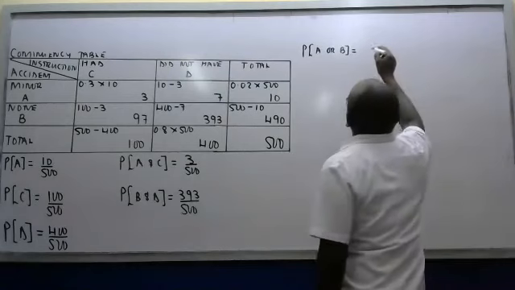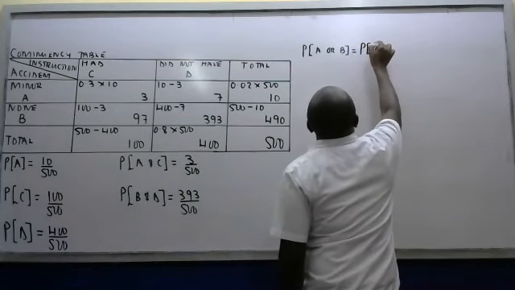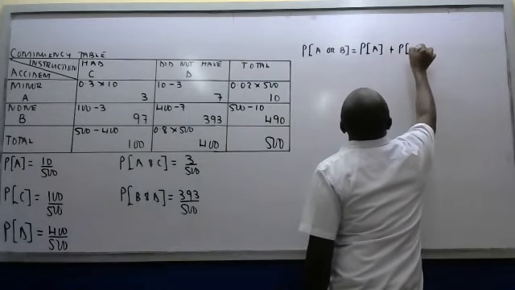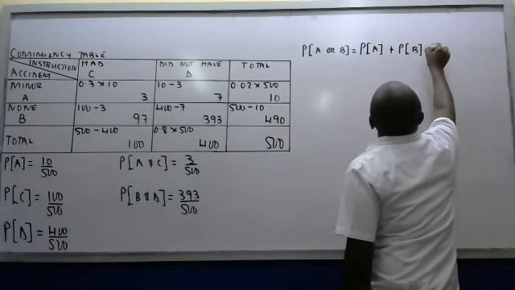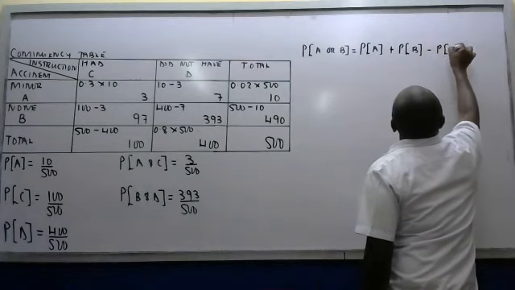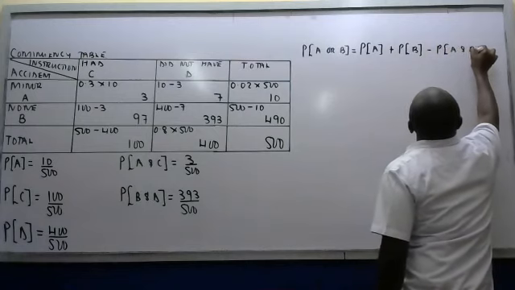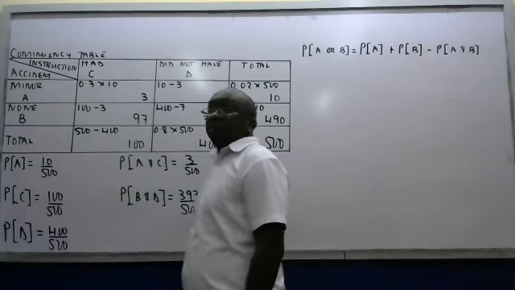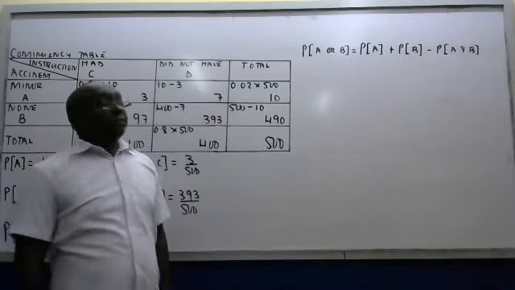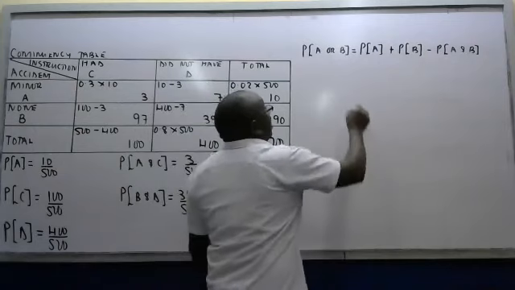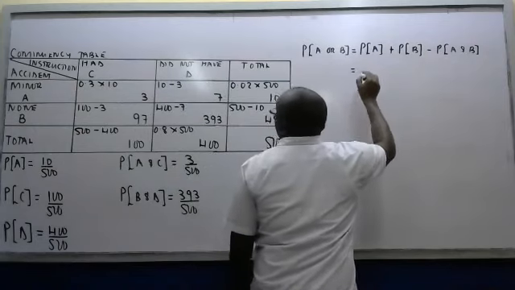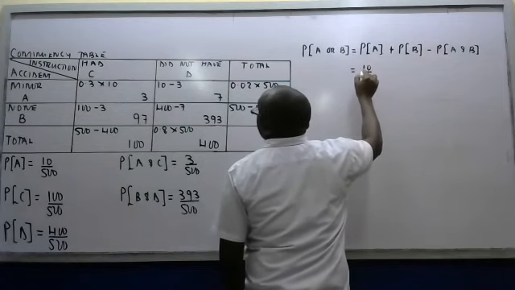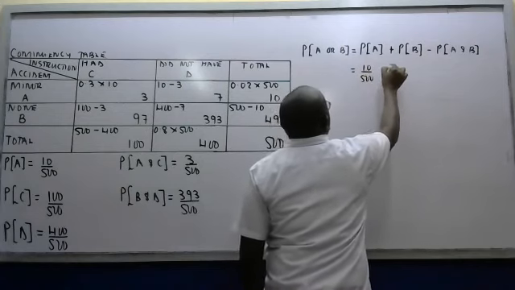So now this opens up as probability of A plus probability of B minus probability of A and B. Probability of A, we know so well, is 10 out of 500.